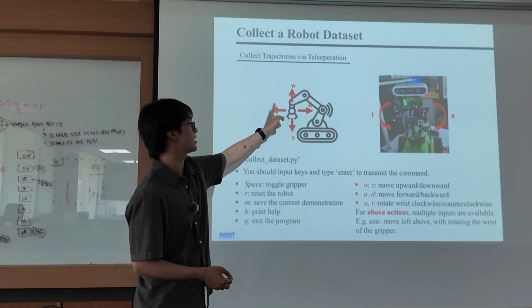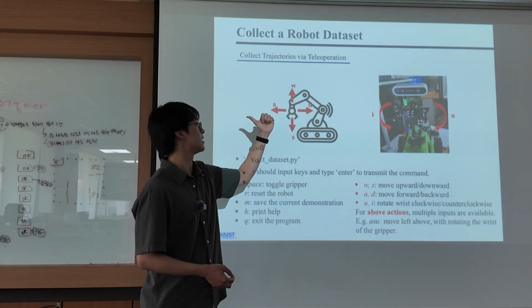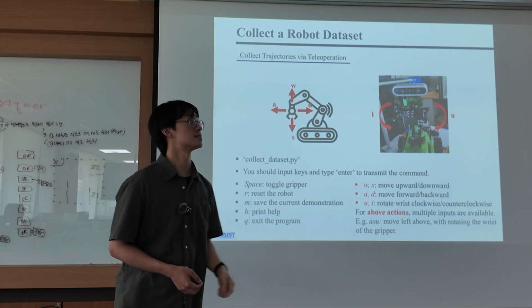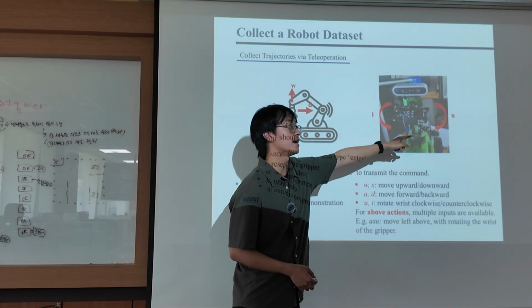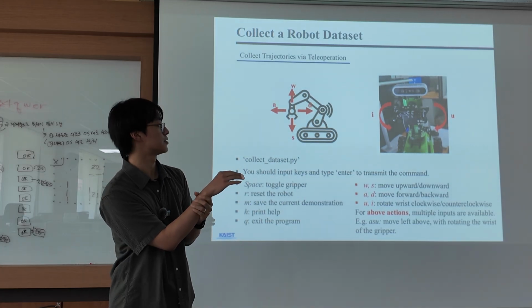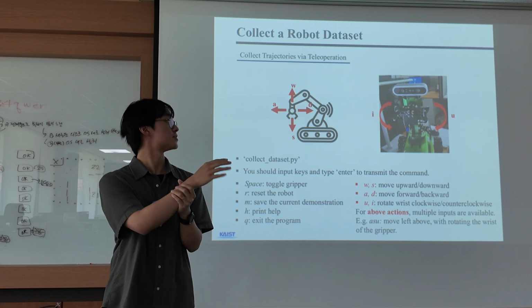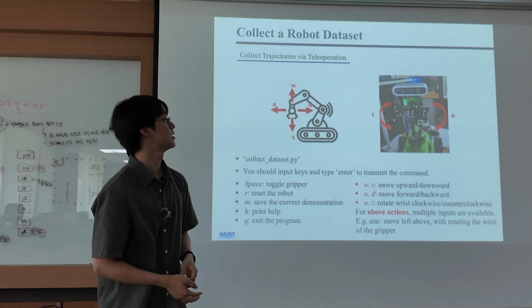If you press A or D, it goes to the negative x-axis or positive x-axis. And if you press I or U, the wrist of the gripper rotates in the clockwise or counterclockwise direction.